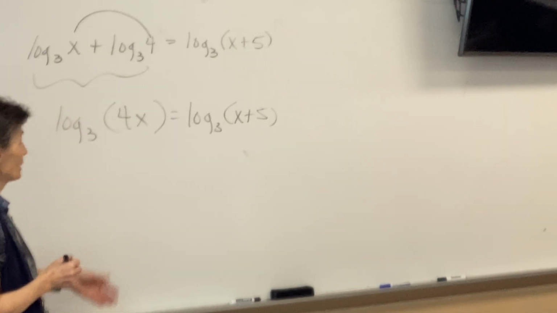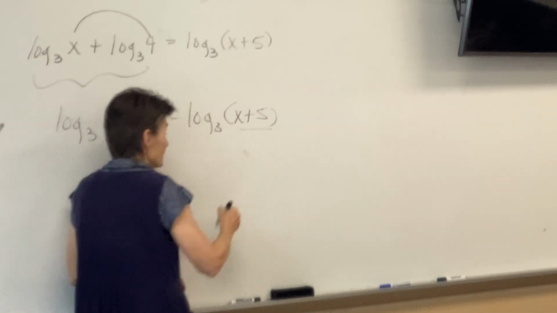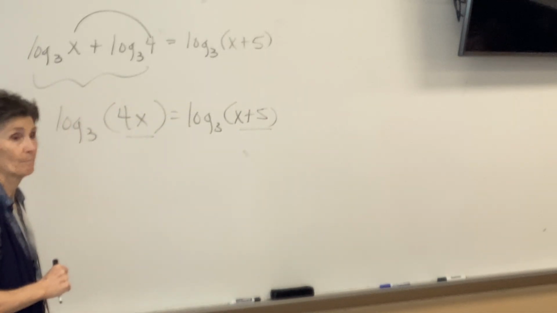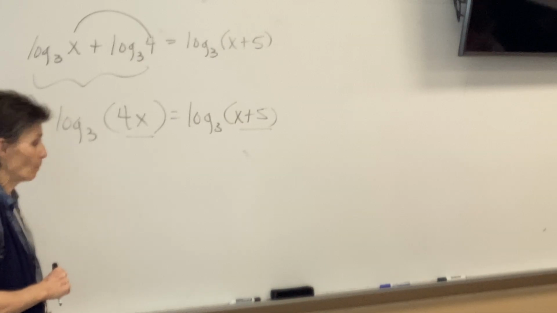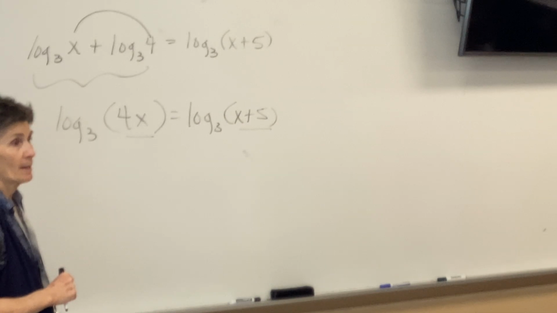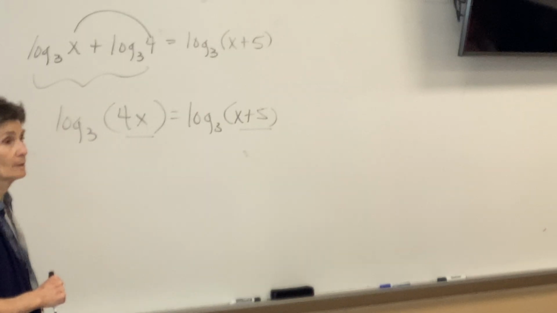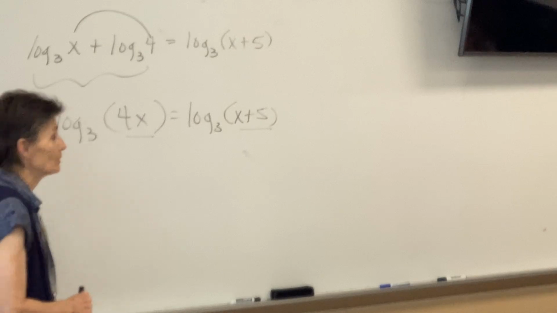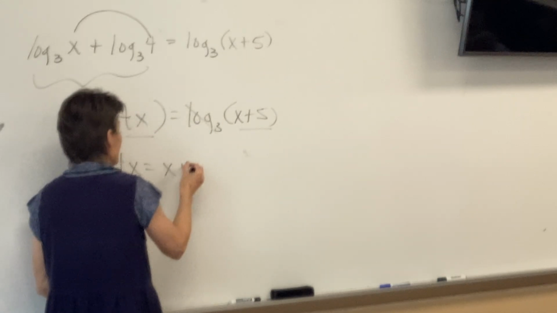Now, I have the log of this equal to the log of this. What is my next step? Don't want to loop-de-loop. I only loop-de-loop when I have a number over there. Nope, drop them out. So 4x equals x plus 5.